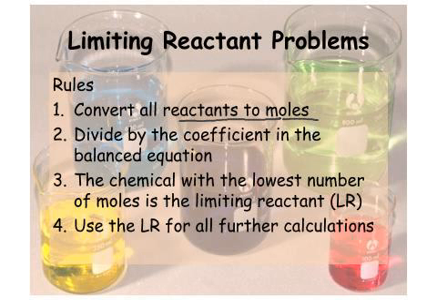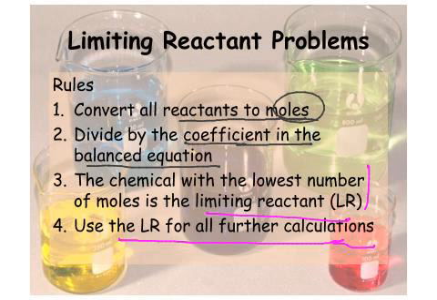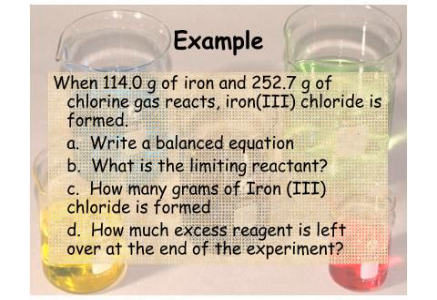You can still do that if you want, but we're going to show you a way that saves a few steps. So you divide each number of moles by the coefficient in the balanced equation. We're assuming we have a balanced equation. The chemical with the lowest number of moles is the limiting reactant, and you use the limiting reactant for all further calculations. So we'll do some examples. That's always the best way to do this.